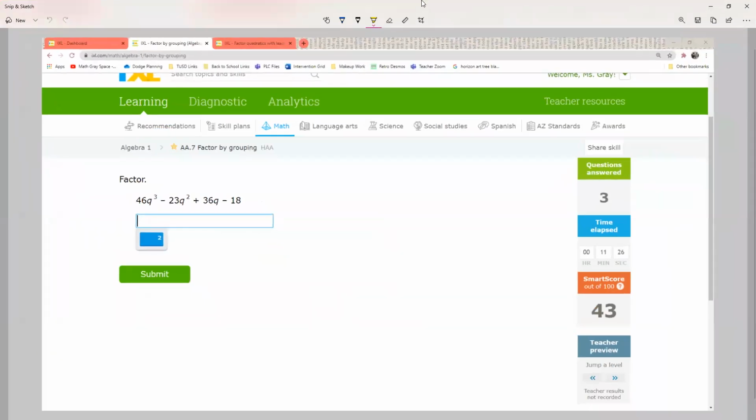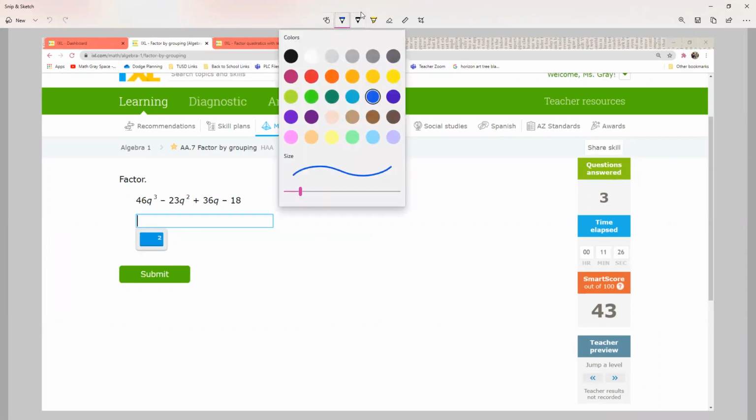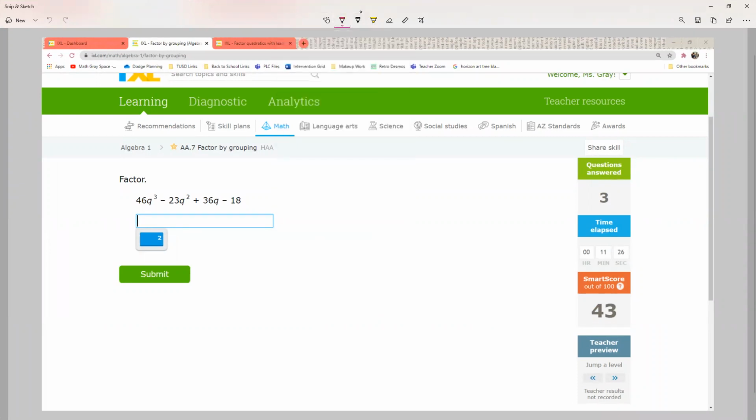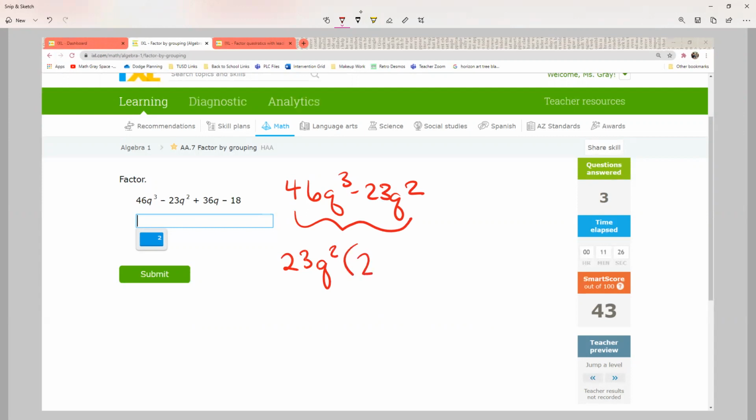So I just have to be more careful. It's kind of like just bigger fractions that I'm trying to reduce, right? So I have 46q to the third minus 23q squared. So if I go through and put these into groups, I can take out 23 and then q squared, which is going to leave behind 2q minus 1.